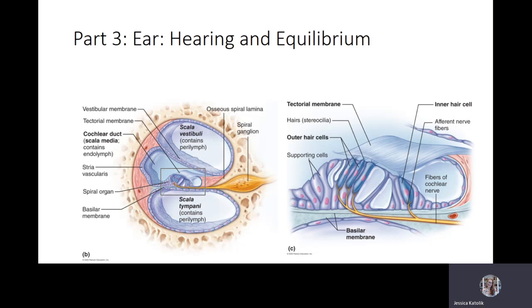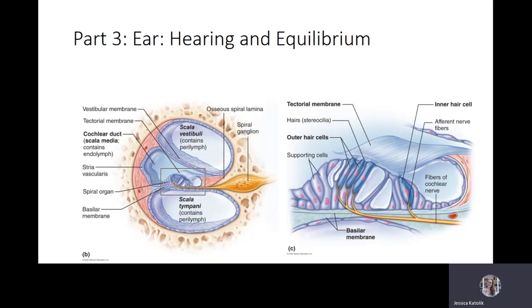It's important to know that different areas of the spiral organ will have different thicknesses. And so because of those different thicknesses, different sound waves will have different amounts of energy. And that energy is going to specifically flex and bend and vibrate a unique location within the spiral organ.